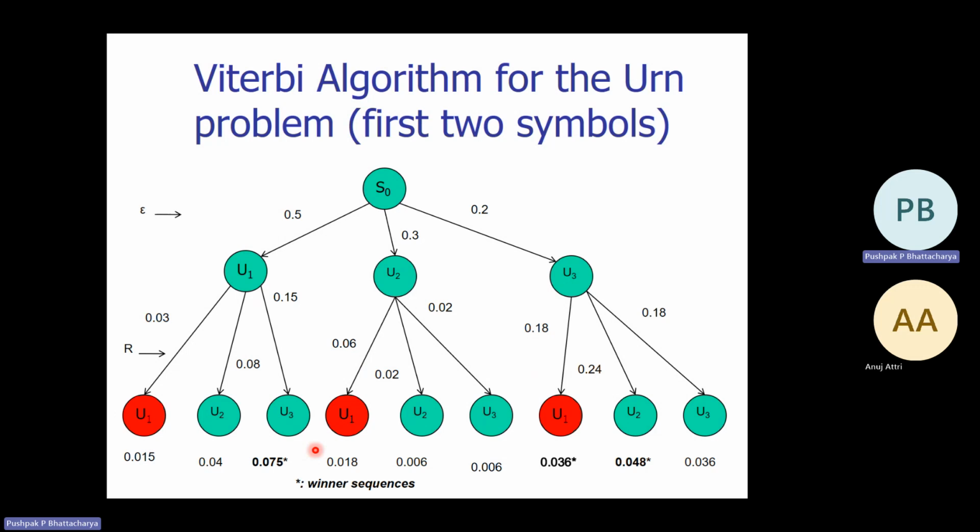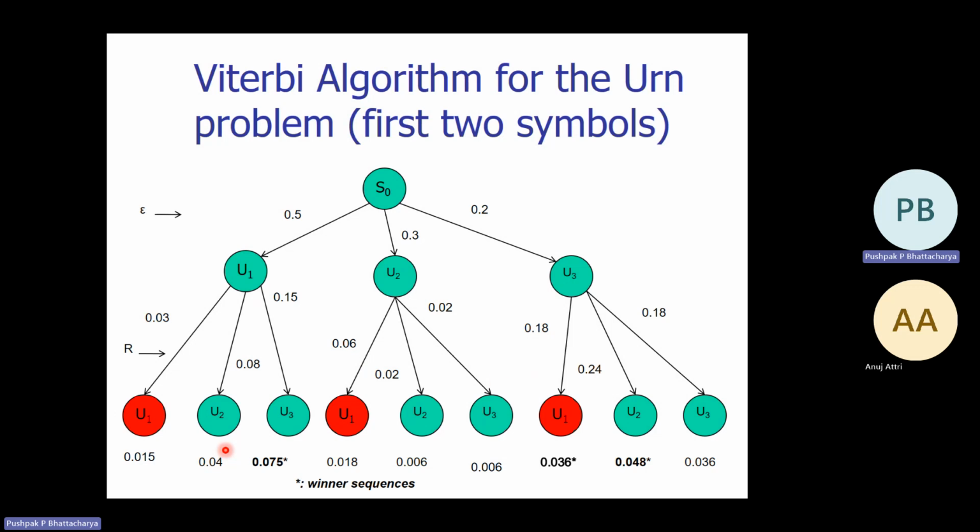So again, you will be ending up with only 3 states after the first observation. Then when the second observation comes, again, there will be 3 into 3, 9 paths. Out of them, only 3 will remain. So after every observation, the number of states to be advanced is equal to the total number of states.